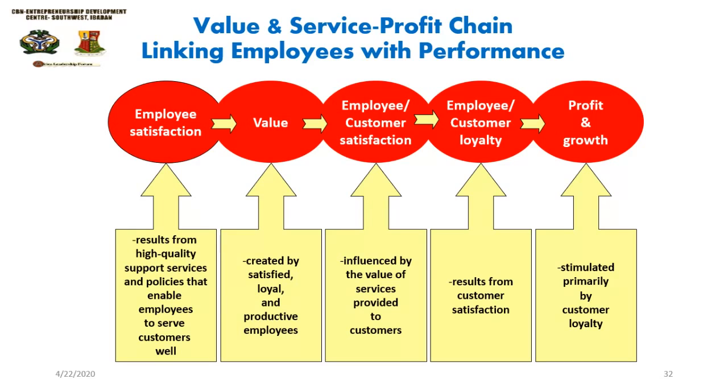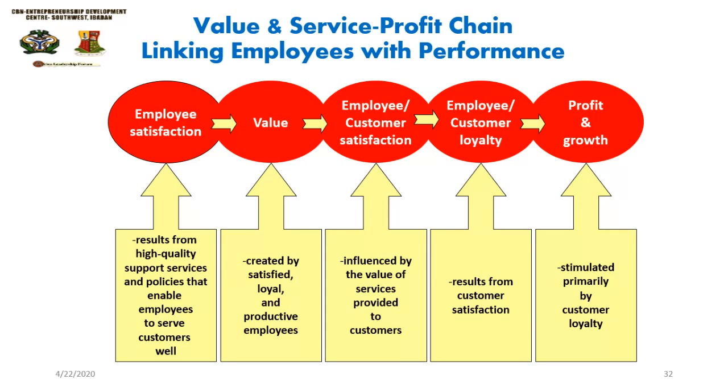So for the service profit chain, for the purpose of this class, if the employees of your organization are satisfied, they will add value to your product, they will add value to your services.